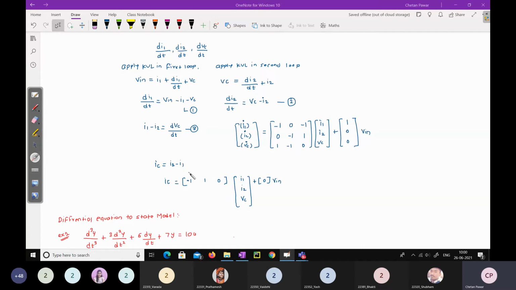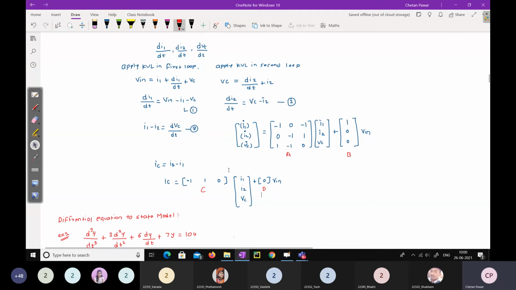Similarly, there is no input term in the IC equation, so 0 into V. So if you see this, this is the matrix A, this is the matrix B, C, and D. This is the physical variable form of the state space representation.